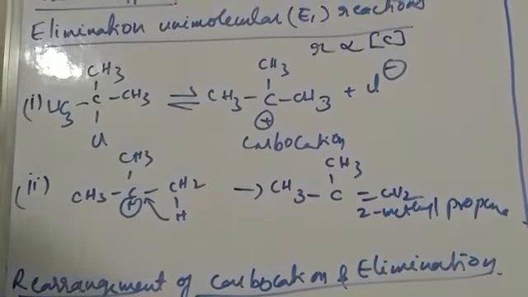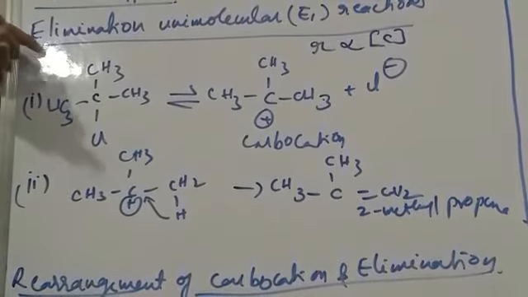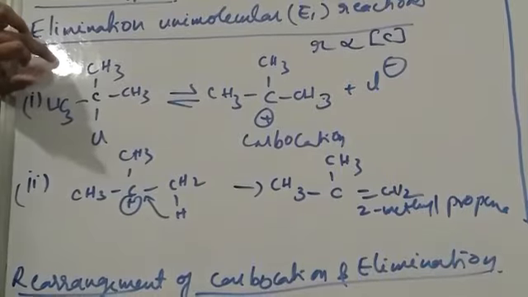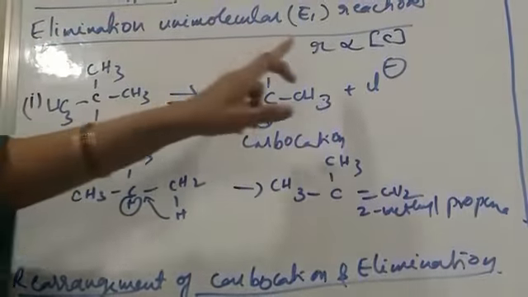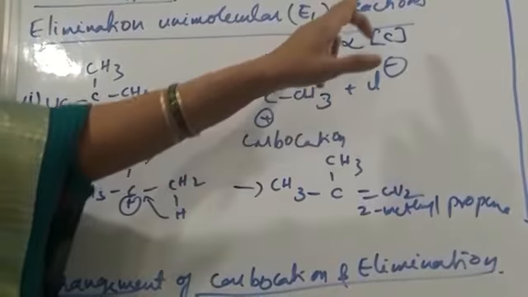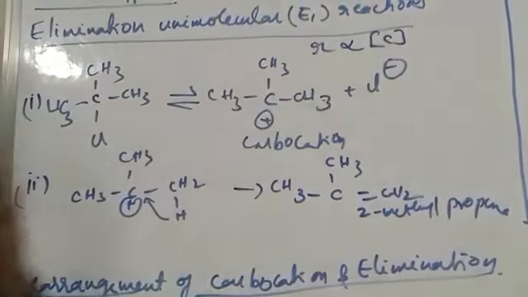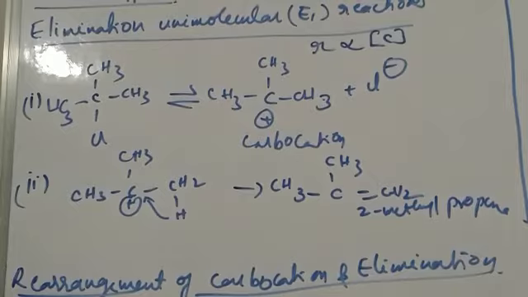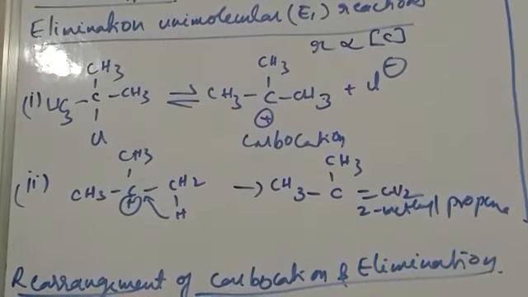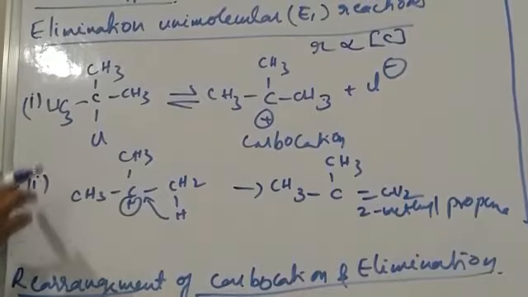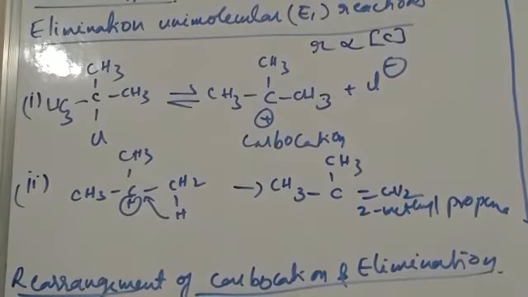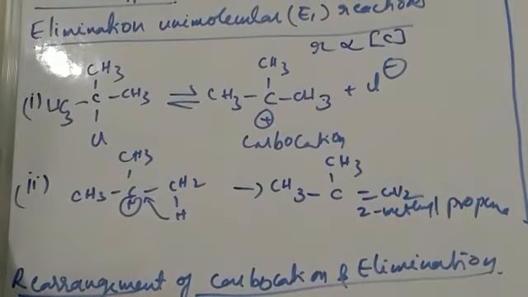That's why this is called elimination unimolecular reaction. So rate directly depends upon the concentration of alkyl halide. And elimination unimolecular reactions generally take place in two steps. So a two-step mechanism is there.